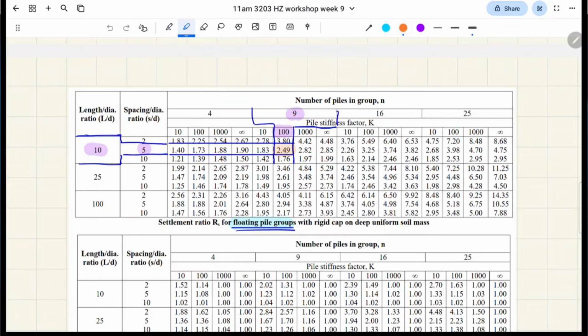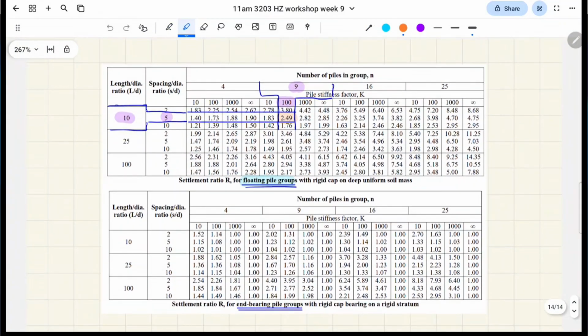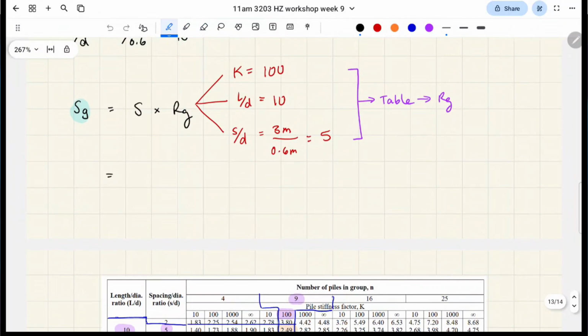This value will be different if we're dealing with end bearing piles. If I had accidentally chosen the wrong table, you would have gotten 1.12 or something. So 2.49 is the value we actually care about because we chose the right table. So RG is 2.49.